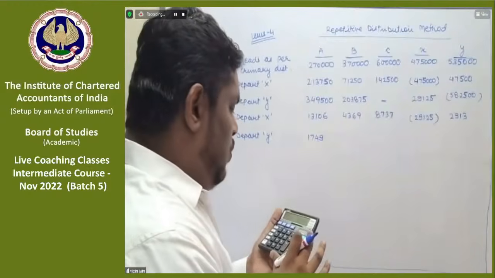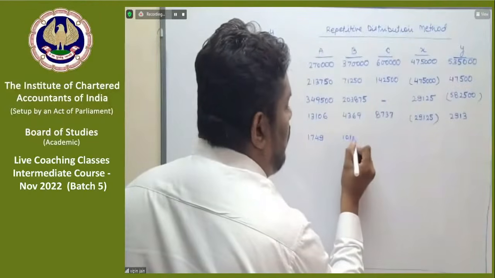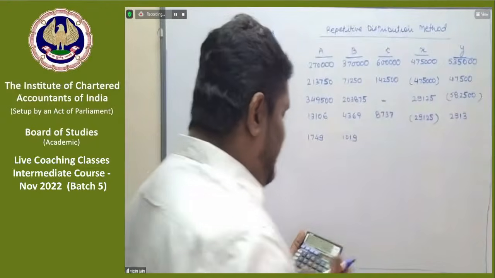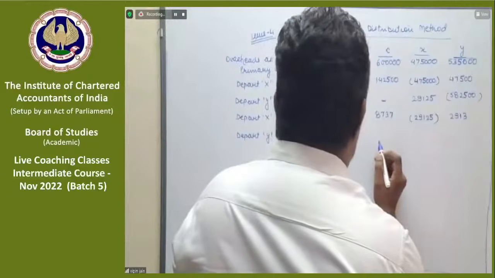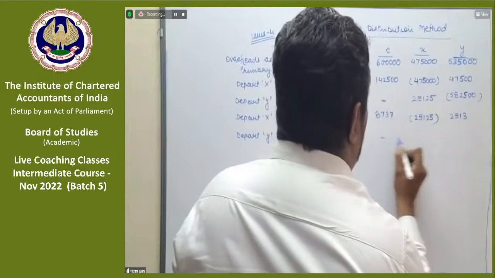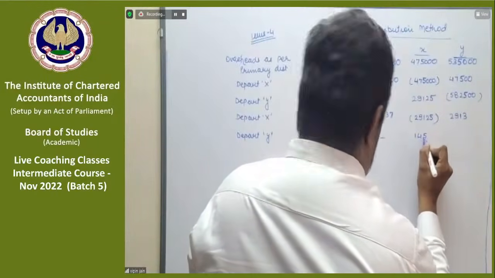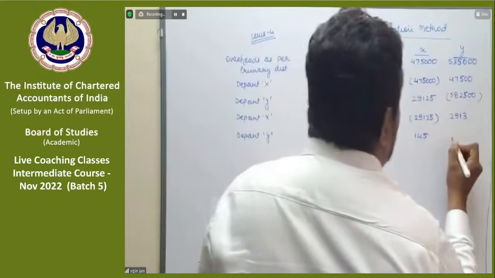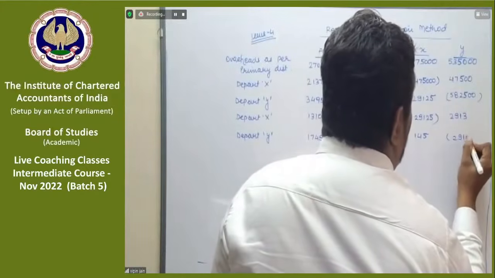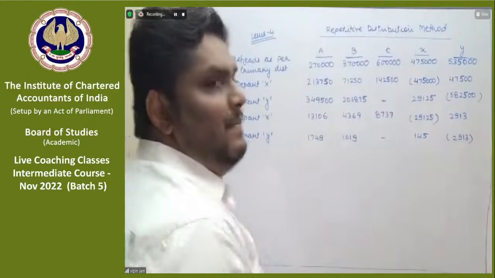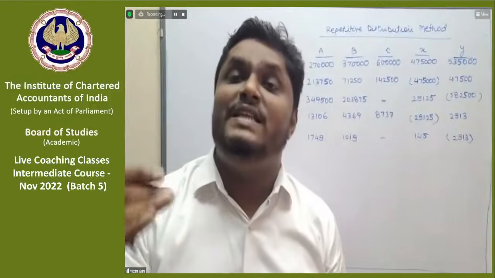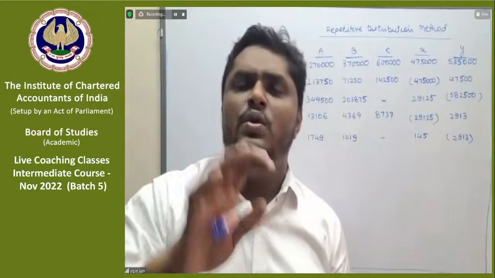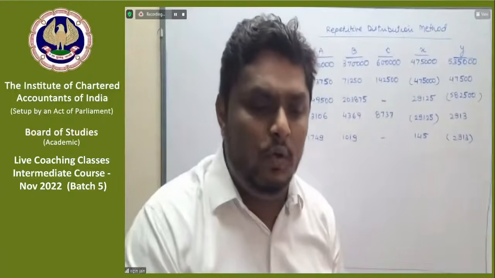So this will be 1,019. Next is 5%, that is 145. Again, I repeat, guys, the name itself says repetitive. You have to repeatedly distribute till the amount is more or less 10 rupees or 15 rupees or 20 rupees.